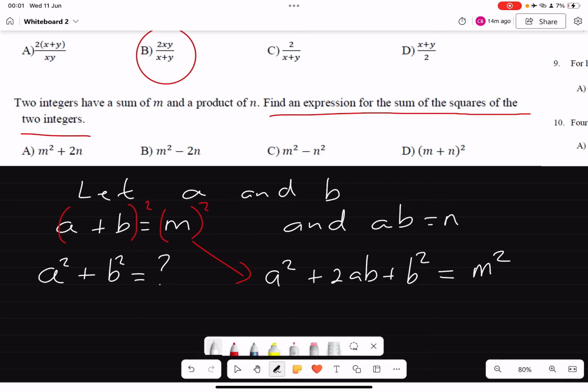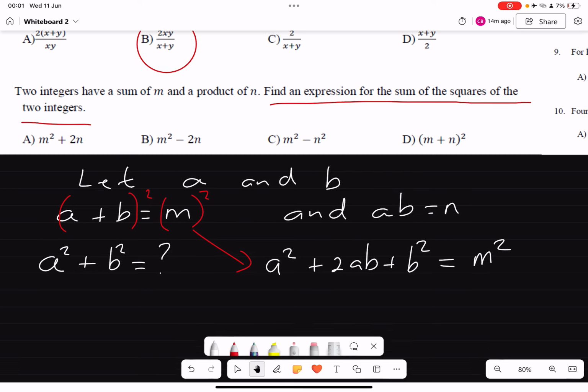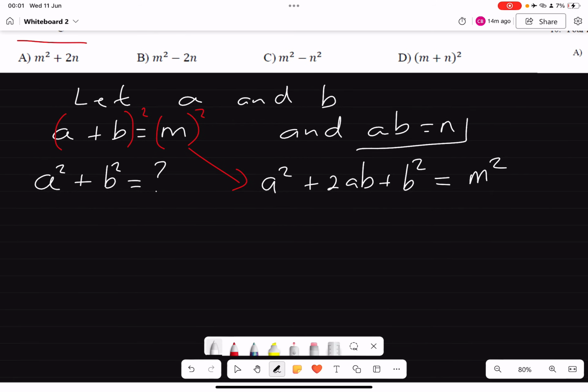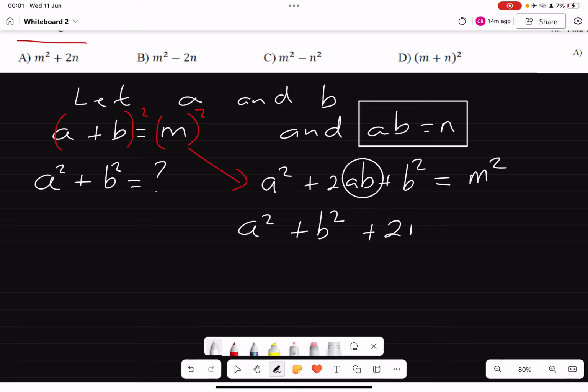All right? And then we know that ab is equal to n, which means where I see ab, I can replace it with n. So I'm going to have a squared plus b squared plus 2n equals m squared. And the next thing is that this is what I'm looking for, so I'm going to leave it on this side.